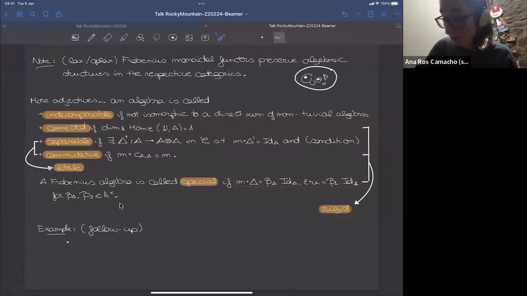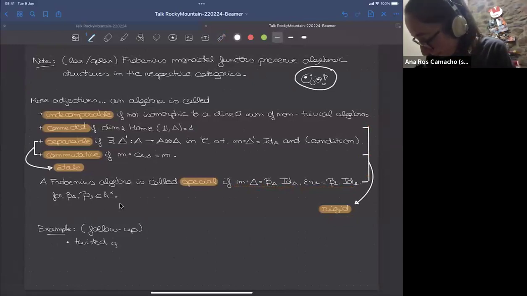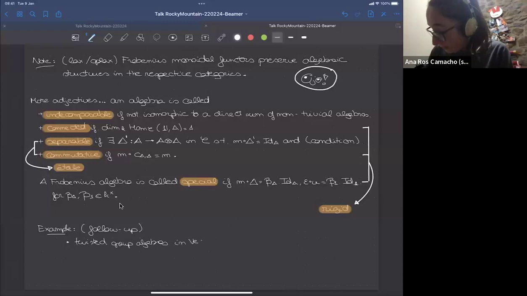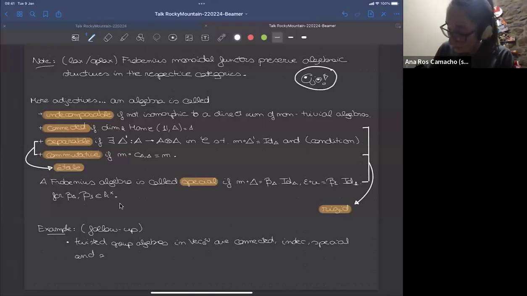Just to follow up with the previous example, the twisted group algebras I was mentioning before in Vec_G^ω are connected, indecomposable, special as well, and separable.